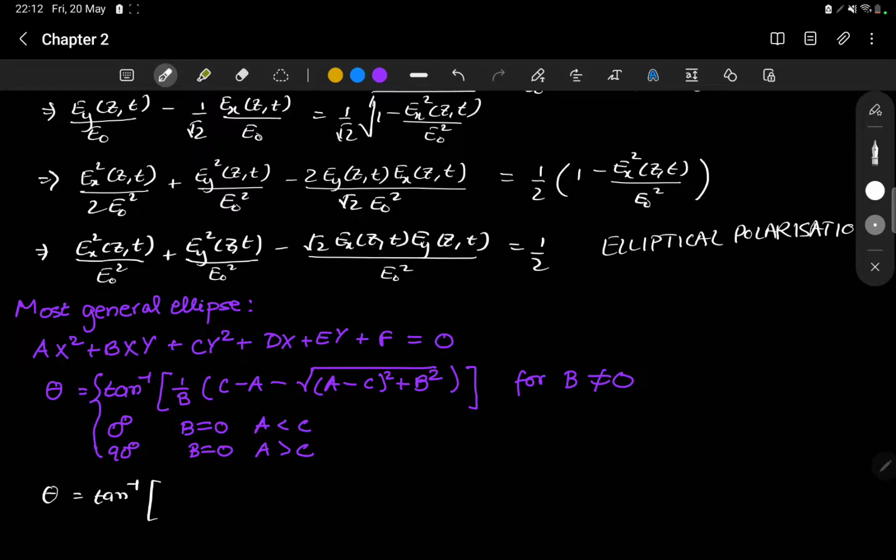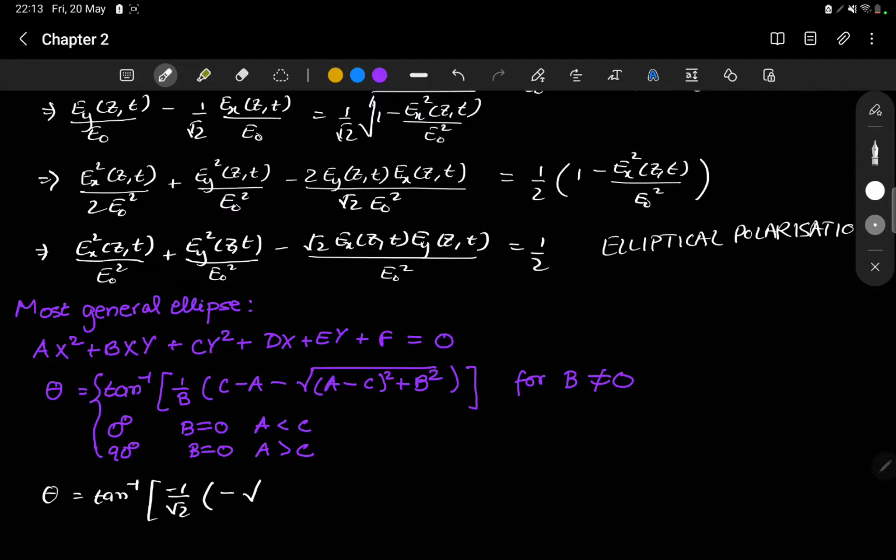This is minus 1 over root 2. C and A are equal. They both are 1 over E naught squared. So C minus A will give us 0. So 0 minus square root. Again, A and C are equal.